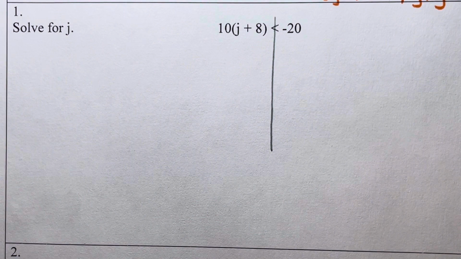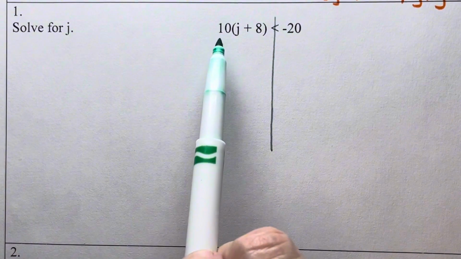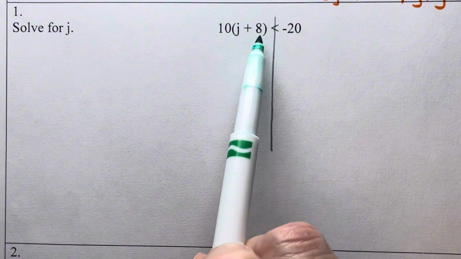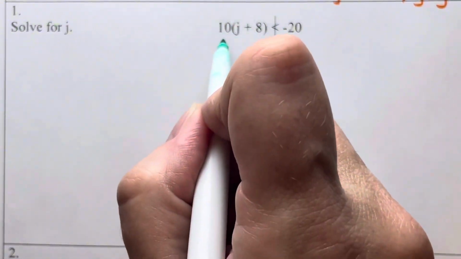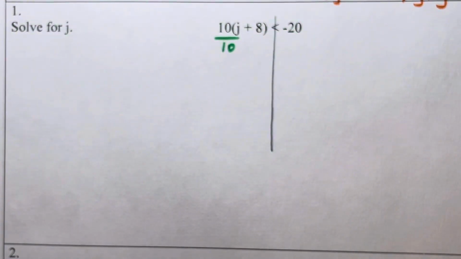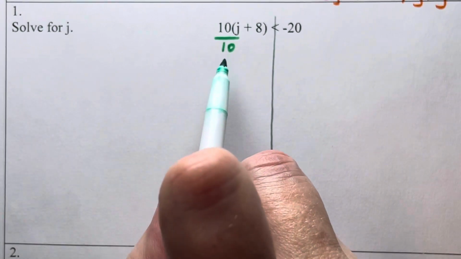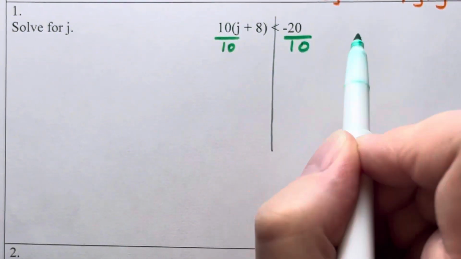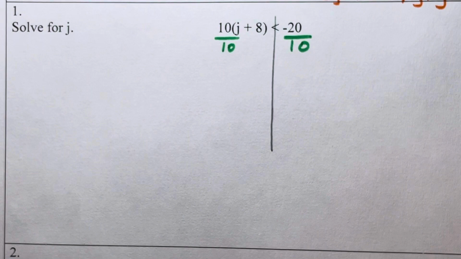So we saw in the introduction as a reminder that we can get rid of these parentheses by dividing that 10. And remember, what you do on one side, you do also on the other side of your inequality or equation.